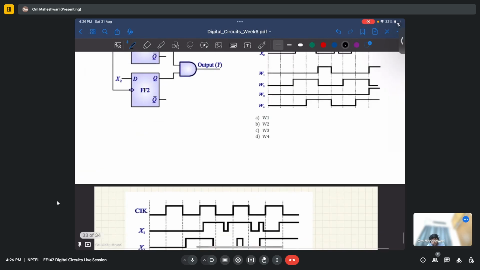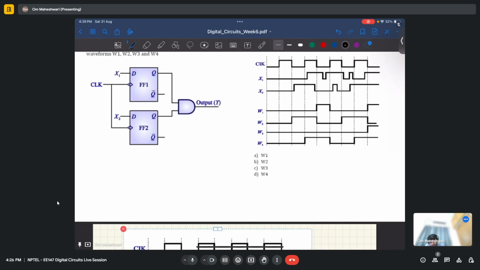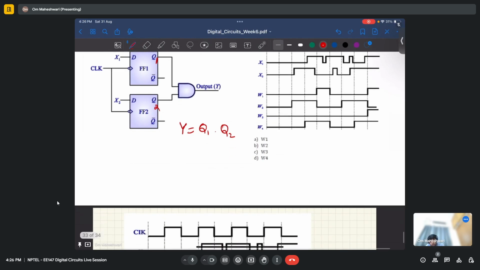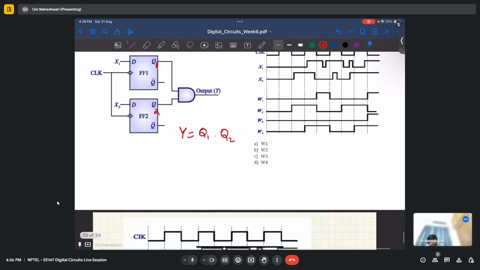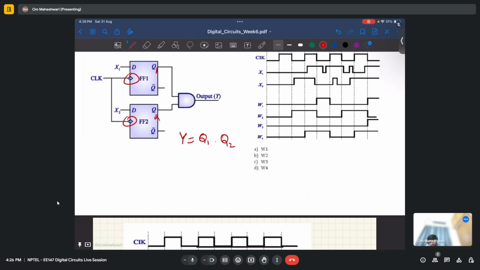Okay, so what is actually Y? Let us call this Q1, and this Q2. Y equals Q1 and Q2. So both are D flip-flops, and both are negative edge triggered, right?